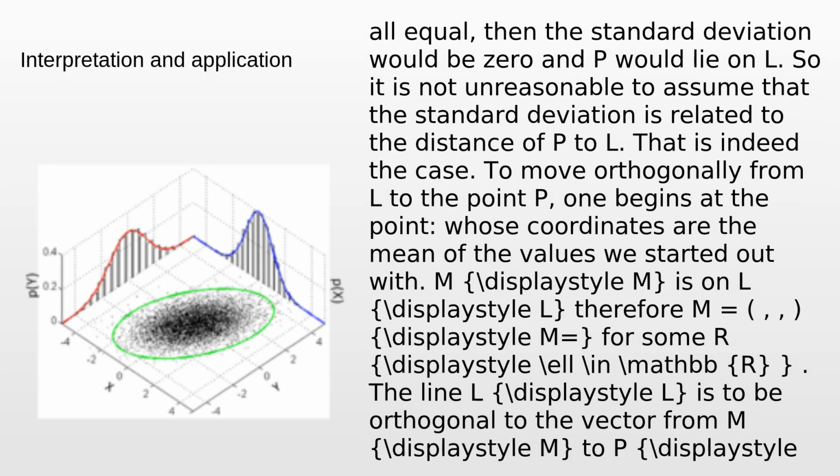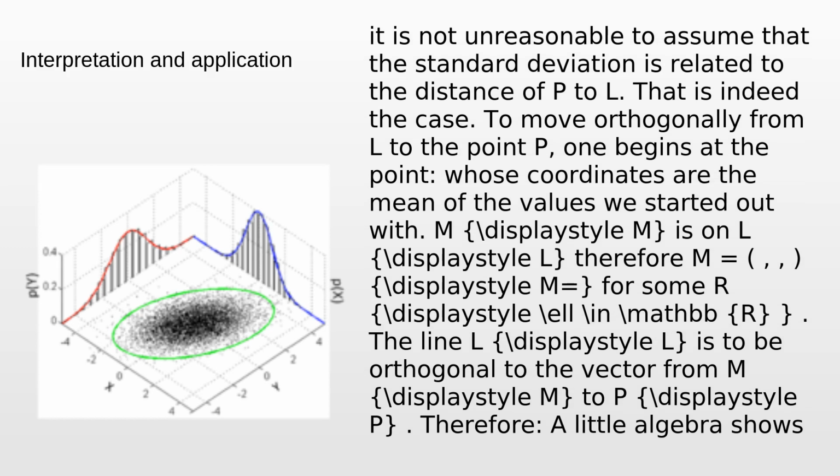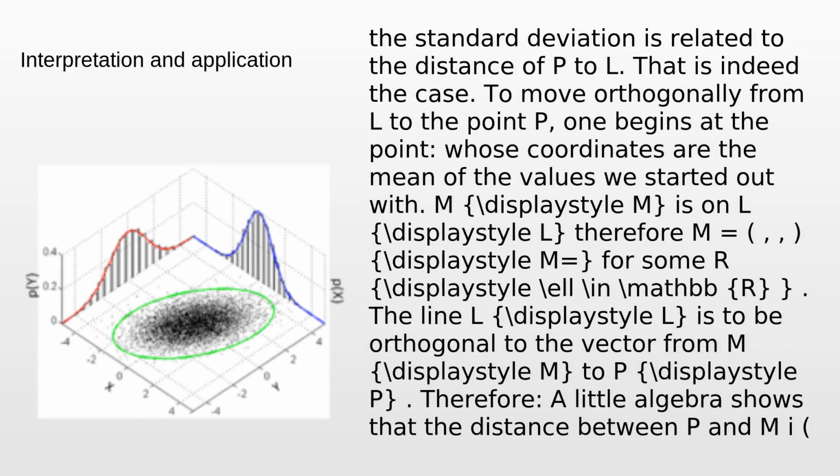To move orthogonally from L to the point P, one begins at the point M, whose coordinates are the mean of the values we started out with.